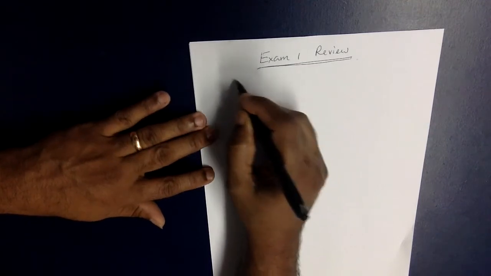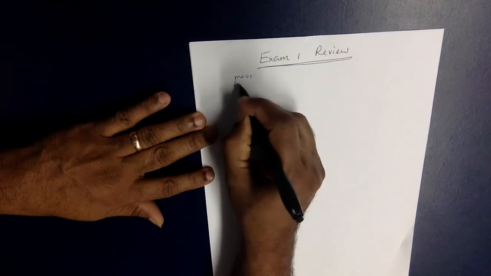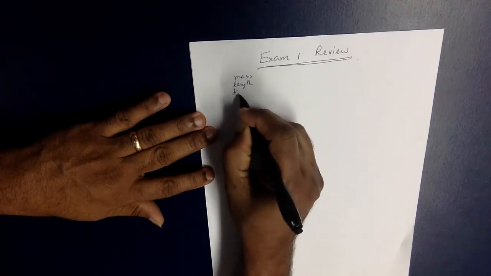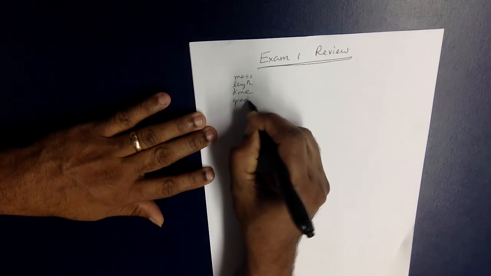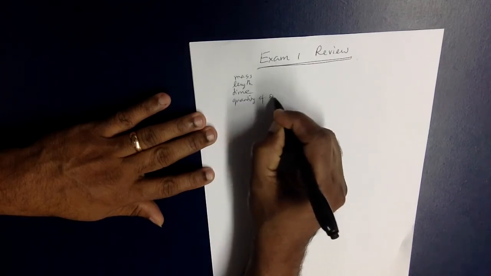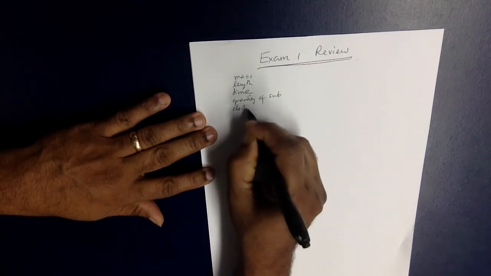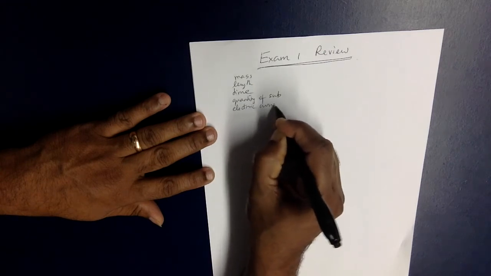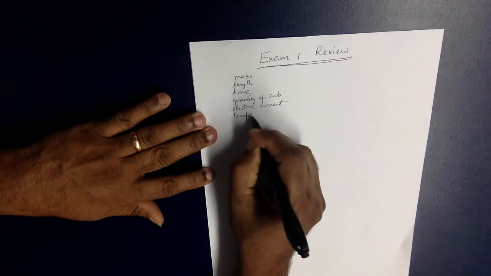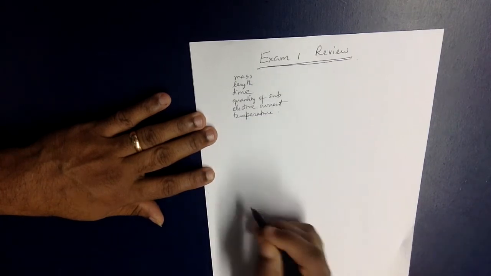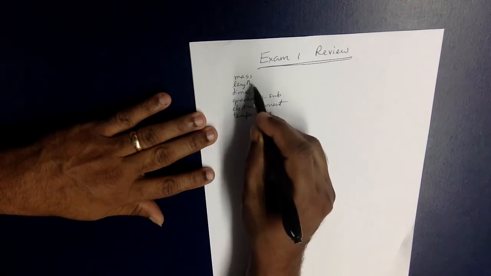You must clearly know that the basic type physical quantities are mass, length, time, quantity of substance, electric current, and temperature. These are the basic quantities.